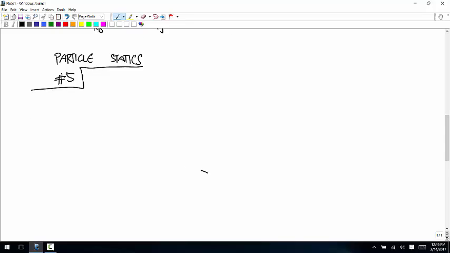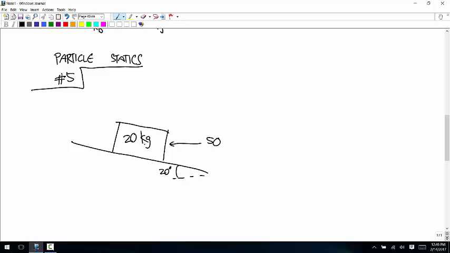That's the one where you have this incline, 20 degrees. And you have a box on the incline with a horizontal force of 50 newtons on it. And the box has a mass of 20 kilograms. And you're just asked to figure out the reaction load. This is static.